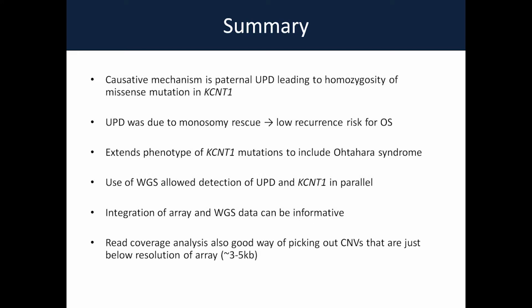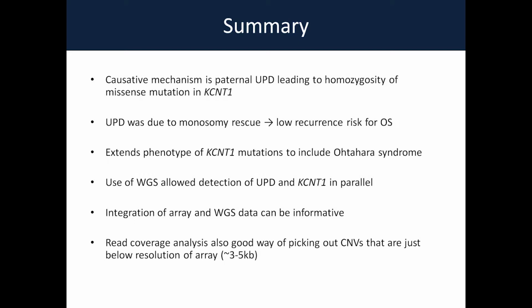It would have involved multiple different stages, but using whole genome sequencing you can do everything in parallel, so you can find the UPD or the homozygous regions while you're doing the variant calling, and once you've found your candidate region you've got your list of variants straight away to look through, so it's much quicker than other methods.